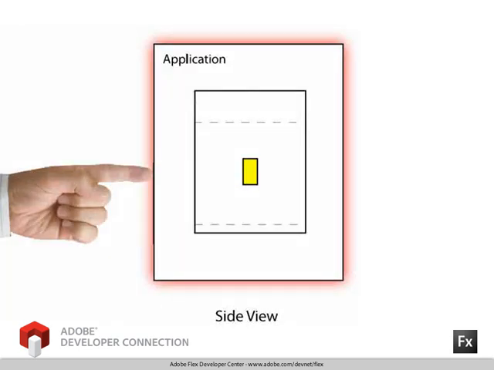Let's return to the capturing phase. When this phase reaches the application container, the current target object is the application container itself, since it is the object being examined for listeners. The target object is the button control, since it is the object that was clicked and so dispatched the event.